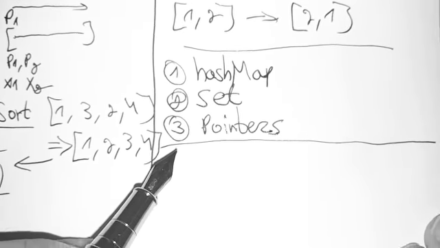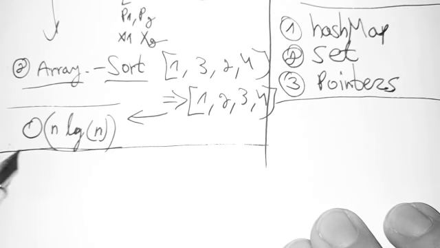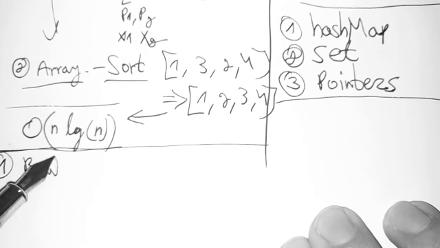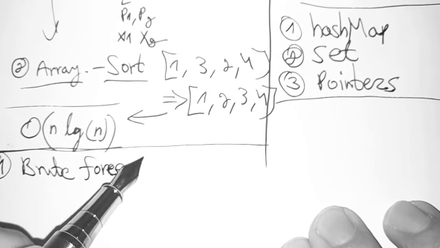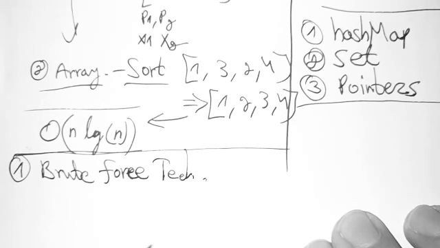The first thing I would recommend you to do is to go with the brute force. Why? Because going with the brute force technique means you get more familiarized with the question which is asked of you, and you are already giving a solution.